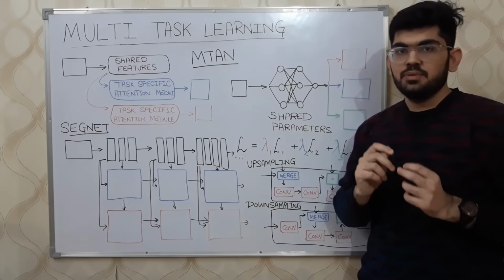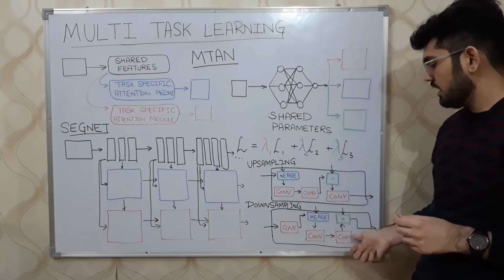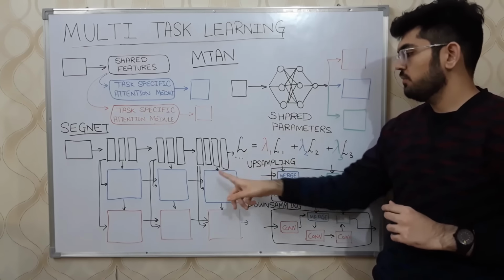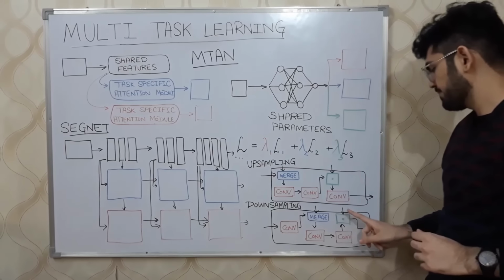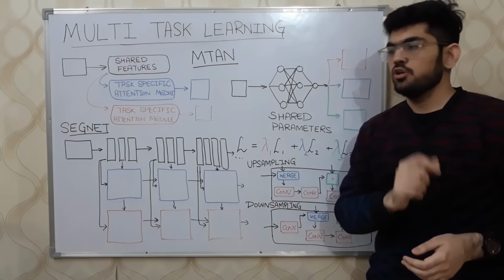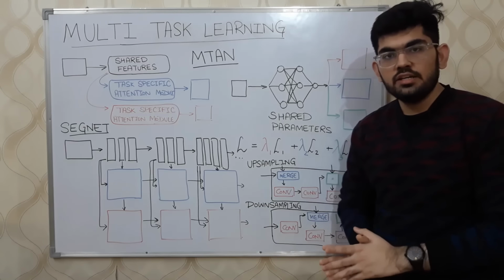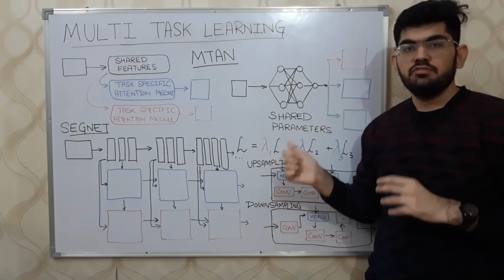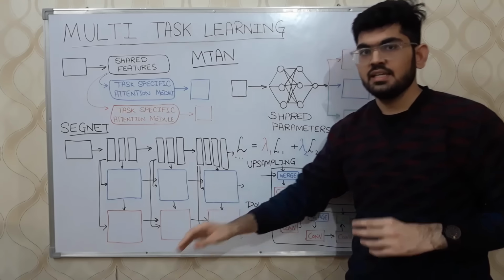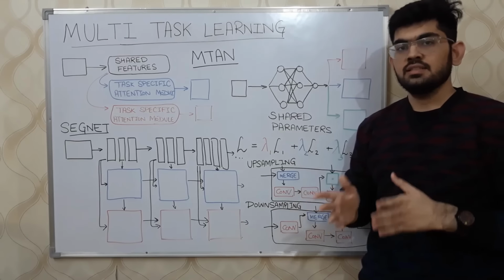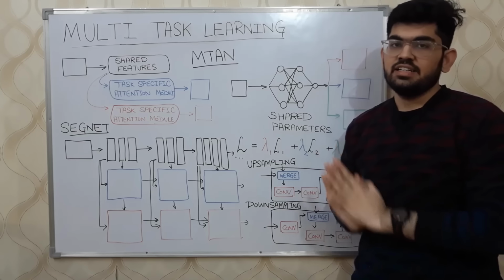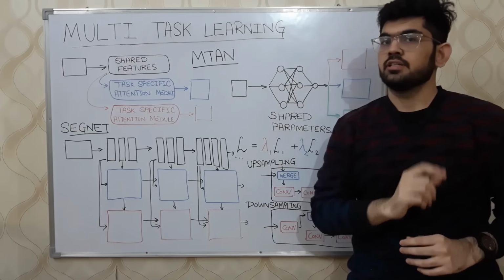Then an element-wise multiplication is calculated for this output and the input that is taken from one of the layers of the convolution block, as we can see over here. And this final output is sent to the next attention module. The attention module is only different for the upsampling and downsampling phase of the shared feature network. For the different tasks, the attention module architecture is exactly the same. And this is the complete network architecture of the MTAN network.